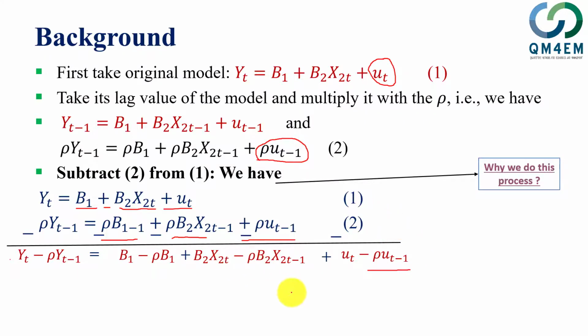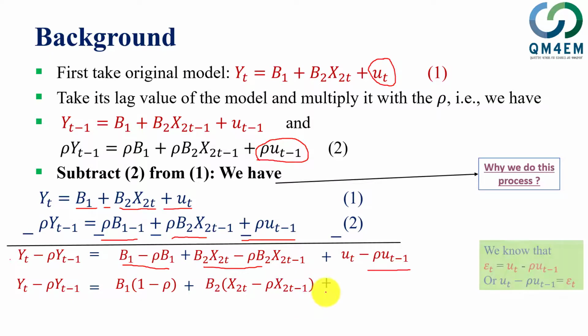And then we do some simplification, for example, by taking beta 1 common here and beta 2 common here. So we can write this equation as beta 1 into (1 minus rho) plus beta 2 into (x2_t minus rho x2_t-1) plus the error term. Now look at this term.